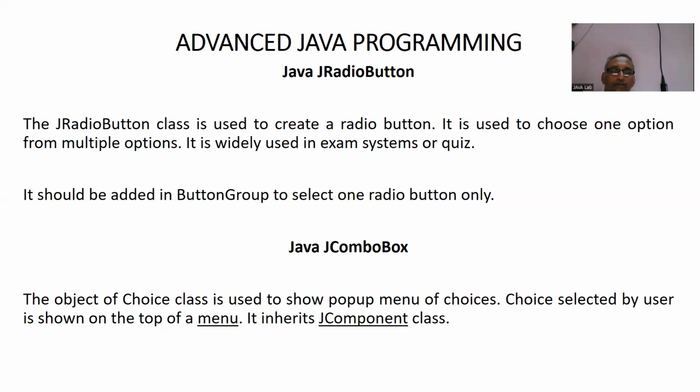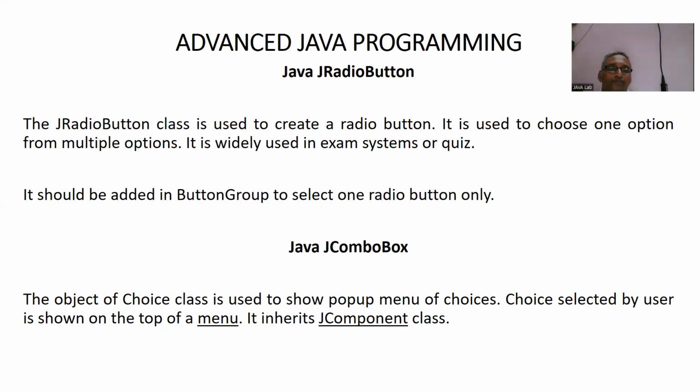Commonly used constructors are JComboBox(), JComboBox(Object[] items), and JComboBox(Vector items). The first creates a JComboBox with the default data model, the second creates a JComboBox that contains the elements in the specified array, and the third creates a JComboBox that contains the elements in the specified vector.